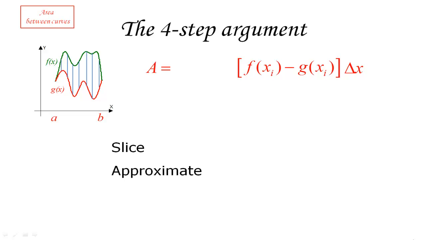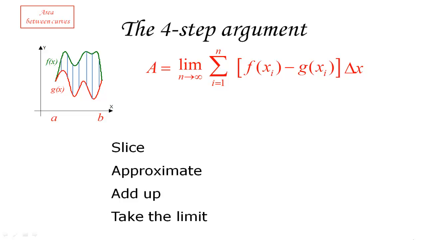The third step was add up. So we're going to simply add up all of these products for all of the n strips that we have computed. And then of course the key calculus step is that of taking the limit, which allows us to then obtain the exact area of this region.